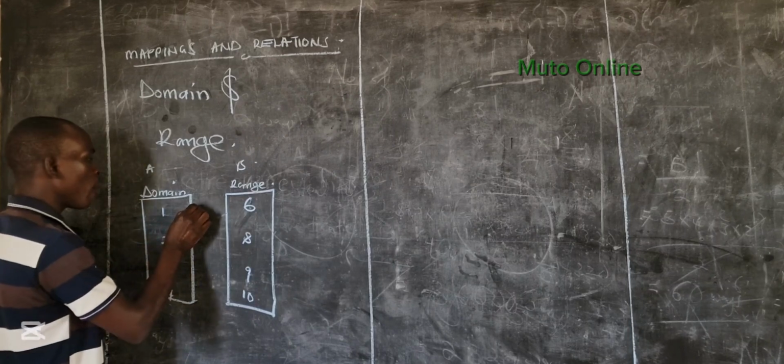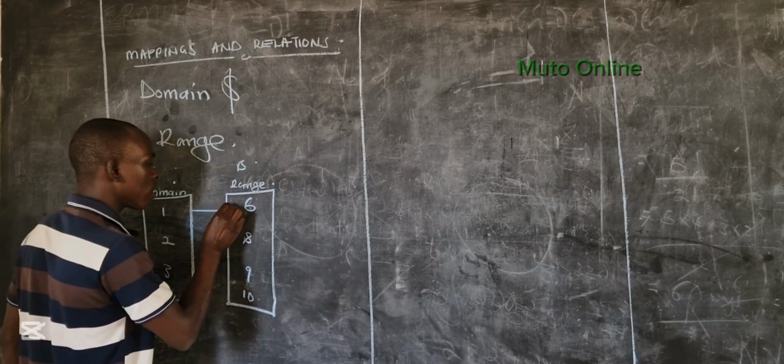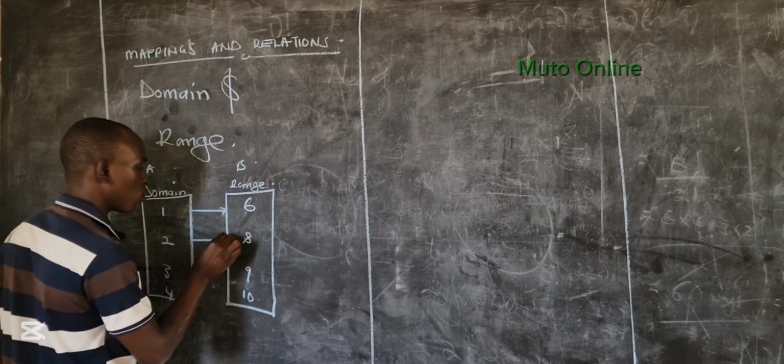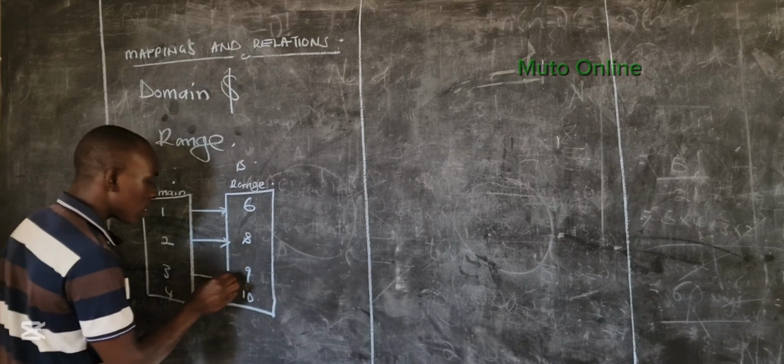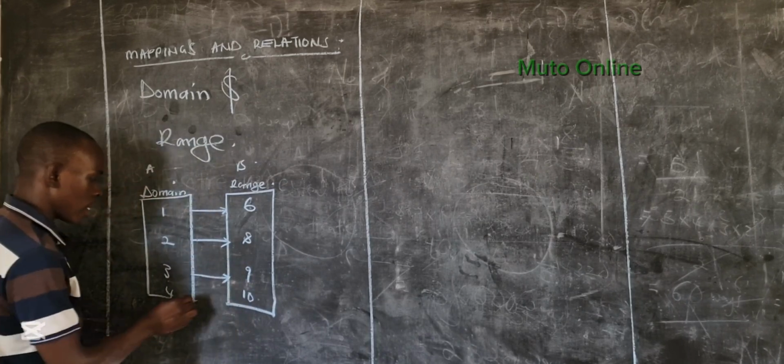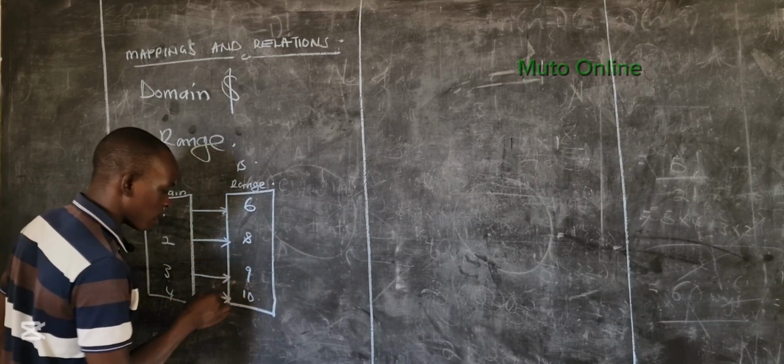Now, when I say 1 gives me a 6, a 2 gives me 8, a 3 gives me 9, and a 4 gives me a 10.